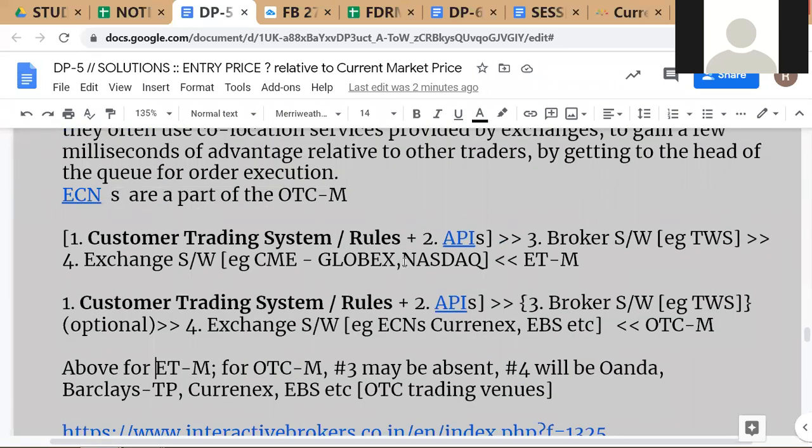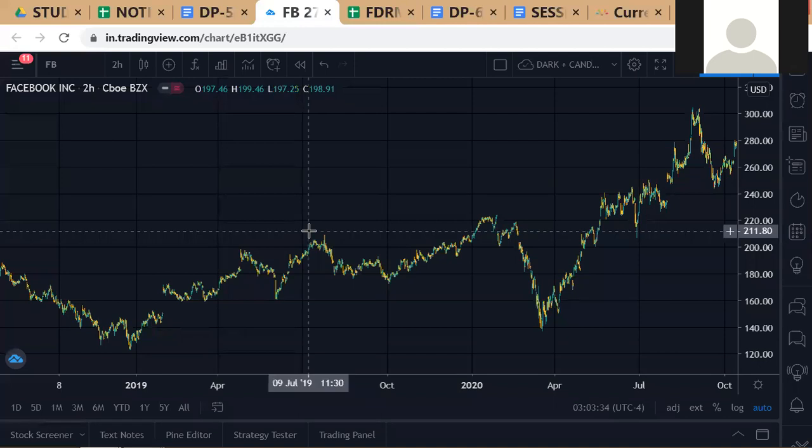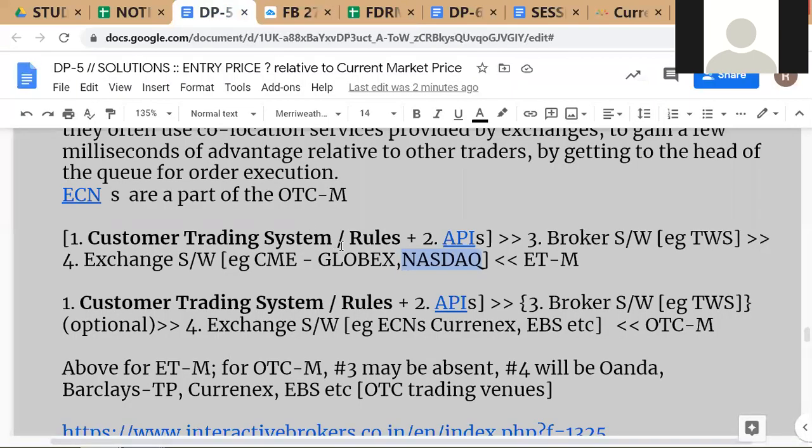Suppose Sachin transmits a buy order for Facebook at say 270, for let's say 5,000 shares. And then a little later, Vipul transmits a sell order at 290 for maybe 10,000 shares. We anticipated some of this when we discussed spoofing.